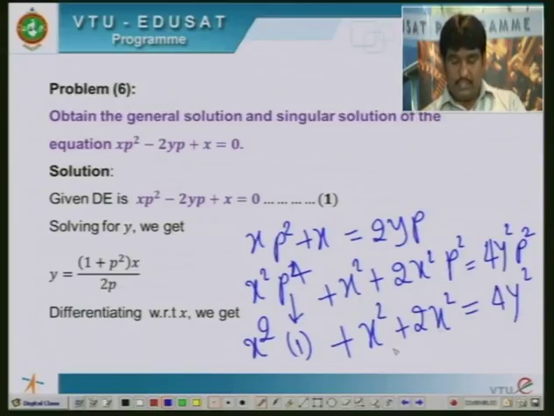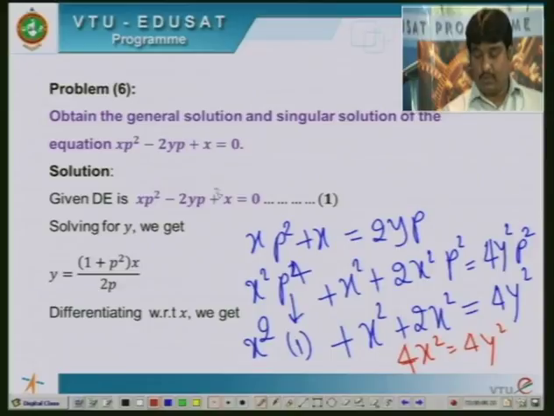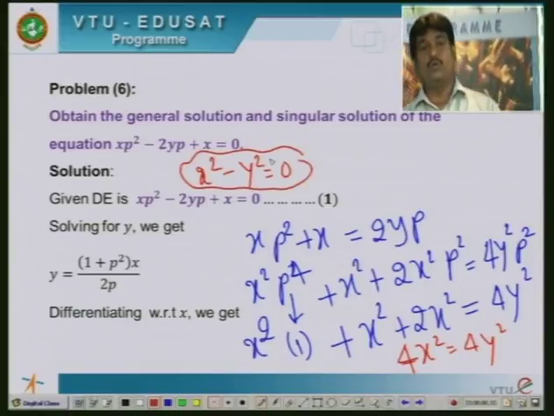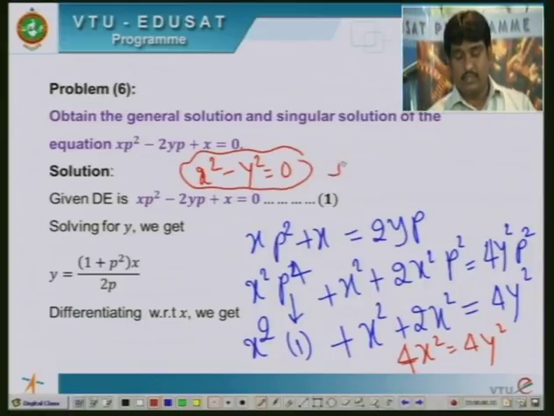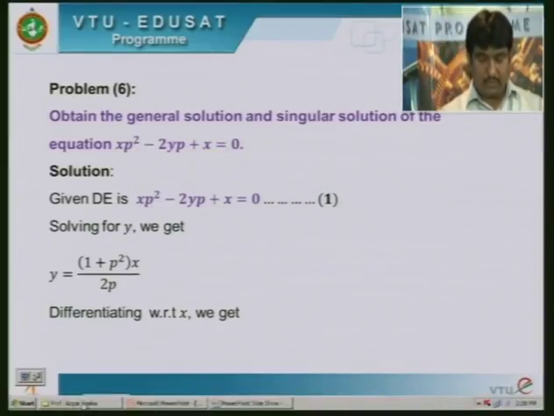You add all these things, x square plus 2x square is 4x square equals 4y square, which implies x square minus y square equals 0. So this x square minus y square equals 0 is a singular solution of this differential equation.